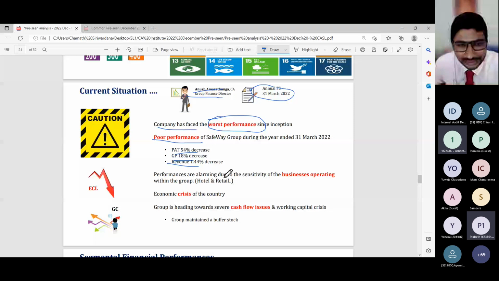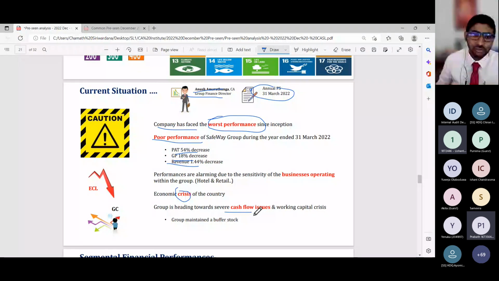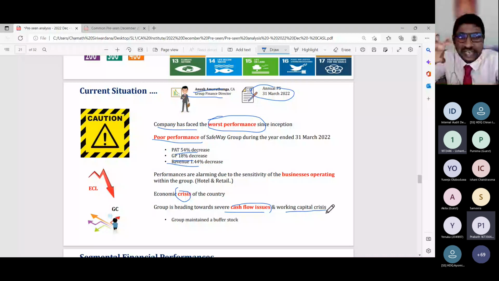When it comes to this, again they are mentioning the ongoing economic crisis. And again they are mentioning the group is heading towards a severe cash crunch or cash flow issue and working capital crisis. So when you look at this red color word, what comes to your mind? Of course, there are some indications.